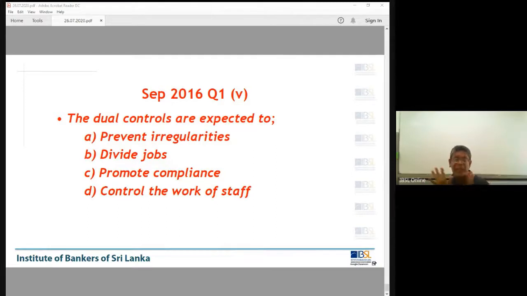Apart from that, you need to fill KYC and CDD forms. Suppose a society comes to open an account. They don't have a business license, so you need the constitution. Likewise, if different people come to open an account, you need to provide that.